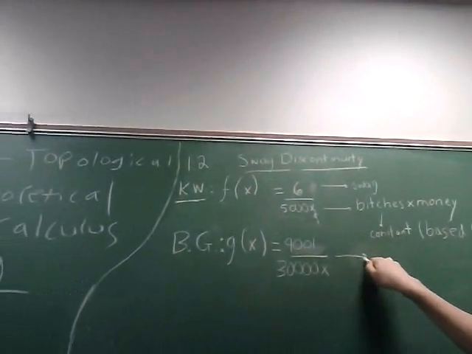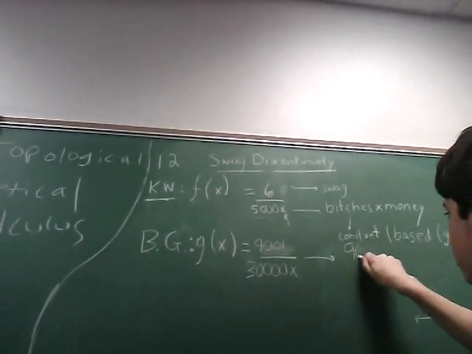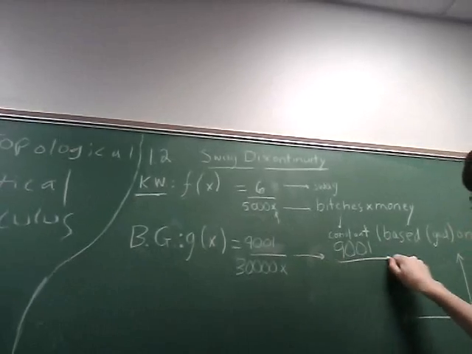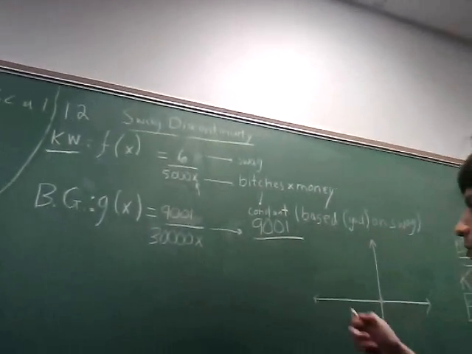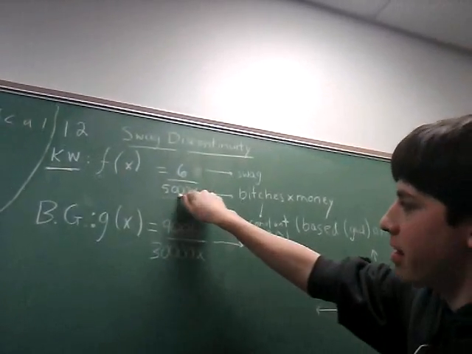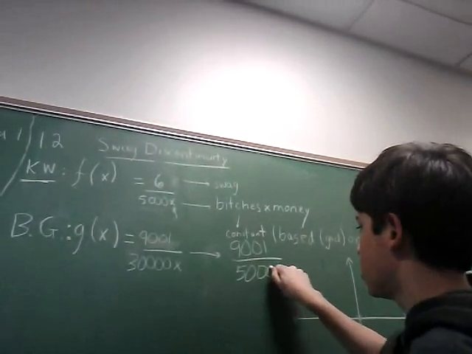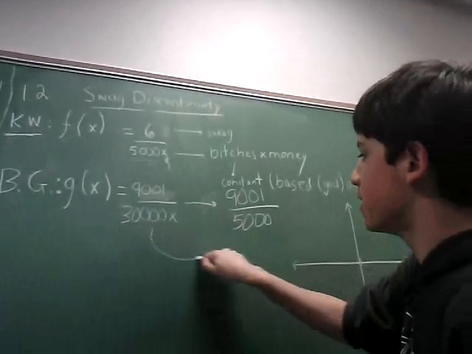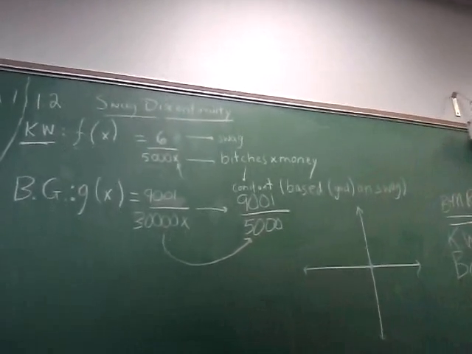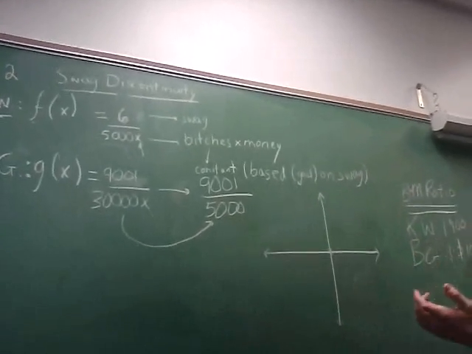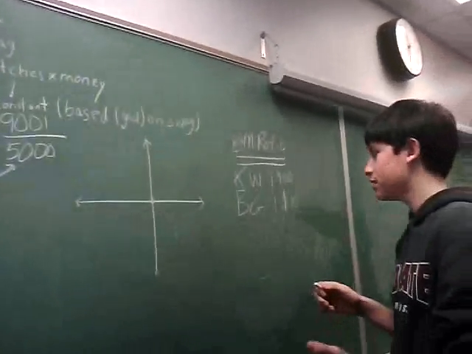We're going to change this function. We're going to say 9,001 swag, which is a lot more than 6, but let's say he has 5,000 bitches. So he's reduced his bitches from 30,000 to 5,000, decreasing his bitches by 6 times.